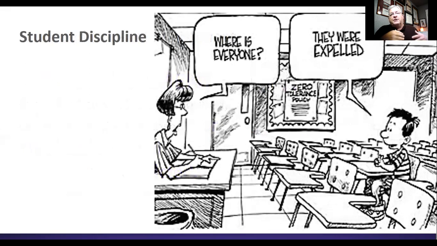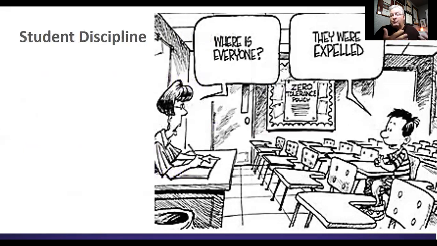The reality is that the Supreme Court has said that corporal punishment is an acceptable form of punishment in schools. And in fact, in the same decision where they said that, Ingraham versus Wright in 1977, the court said the Eighth Amendment, cruel and unusual punishment, does not apply to the administration of discipline through corporal punishment to public school teachers and administrators.